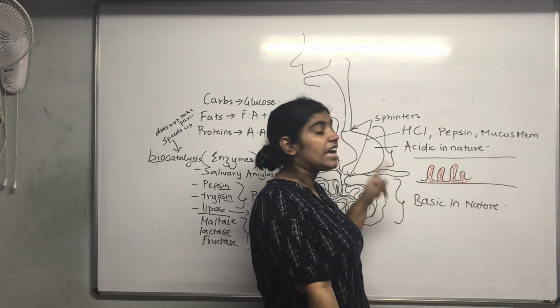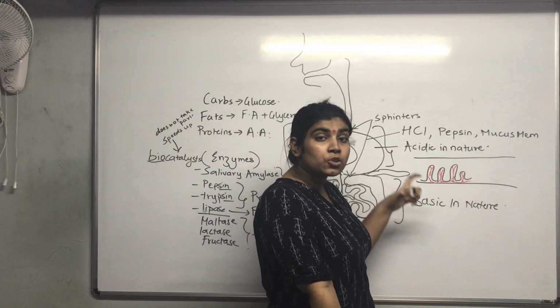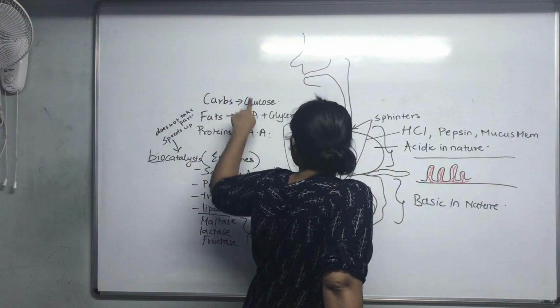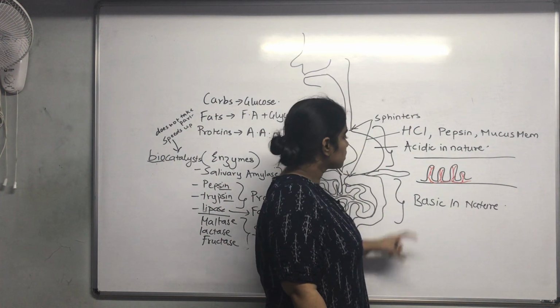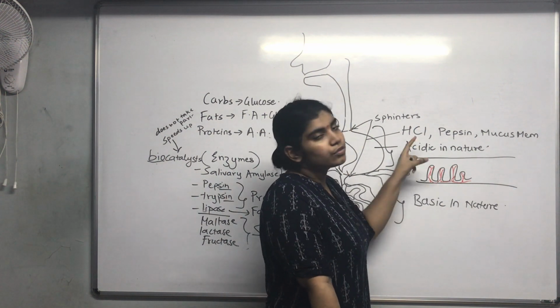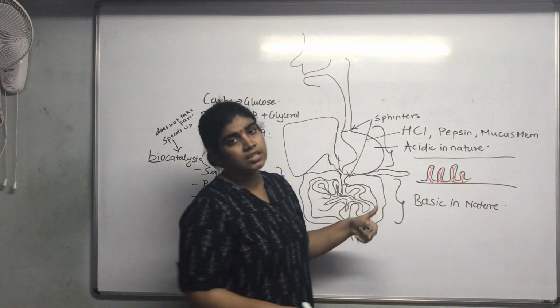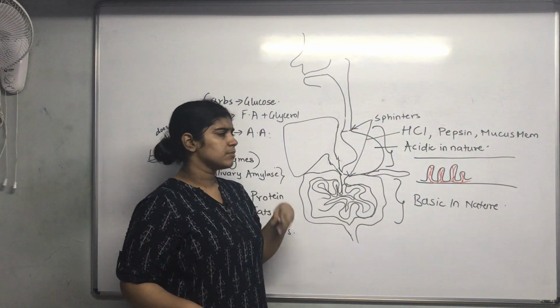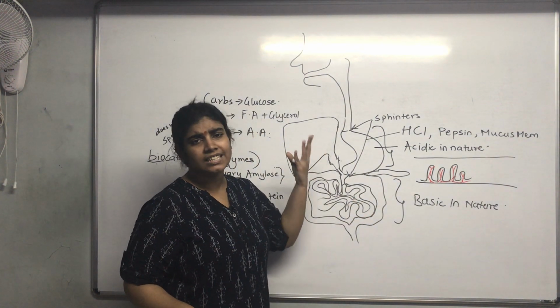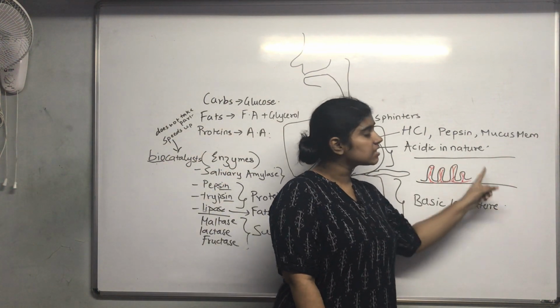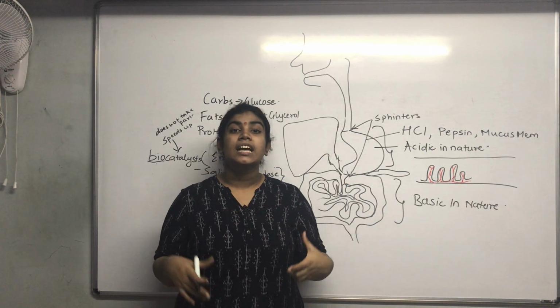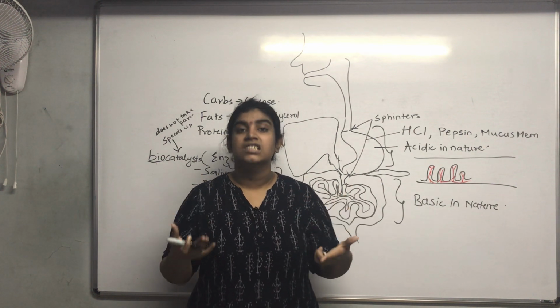They usually help in absorption of the food particles. The glucose is absorbed, the amino acids are absorbed, the glycerol is absorbed, the fatty acids are absorbed, and the villi increase the surface area so that absorption is increased.